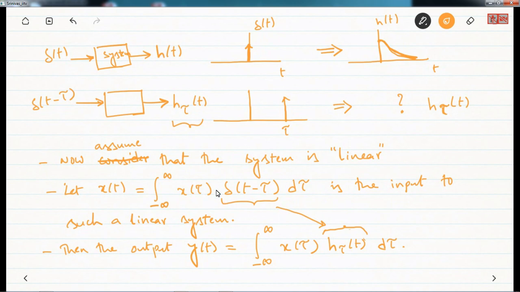So x of tau is just a number. It is some number multiplied by the shifted unit impulse. So its output is this. So because of the linearity property, your output is a linear combination of outputs for each of the individual inputs, right?